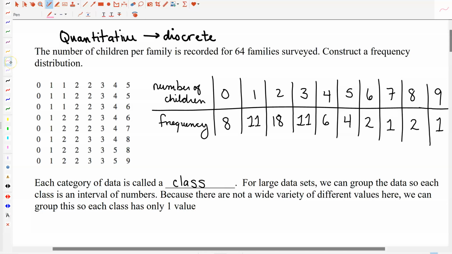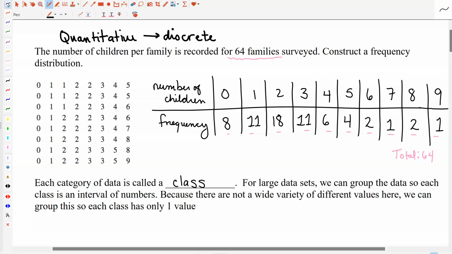It's always a good idea after you make a frequency distribution. We were told that I have 64 values in my data set. So it would be a good idea to go through and just add up all of these frequencies and just make sure that they total what they're supposed to, which is 64, just so that way you didn't leave anybody out.